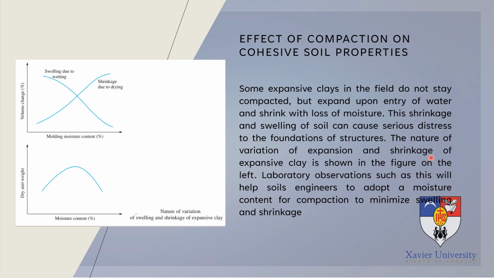That's why it is very important to be able to identify the optimum moisture content of our soil, so that undesirable effects of excess moisture content of our soil will be eliminated or avoided. So it is very important for us to first identify our optimum moisture content and the maximum dry density or the maximum dry unit weight of our soil.